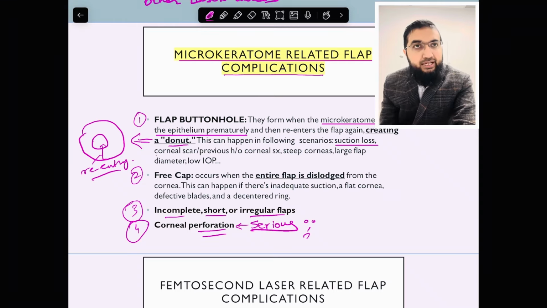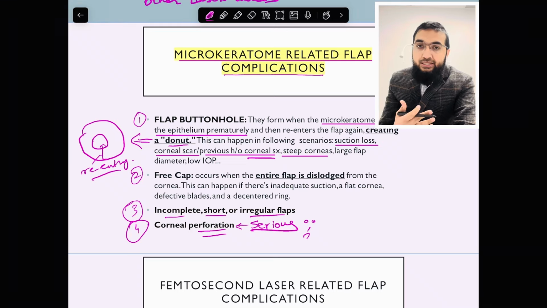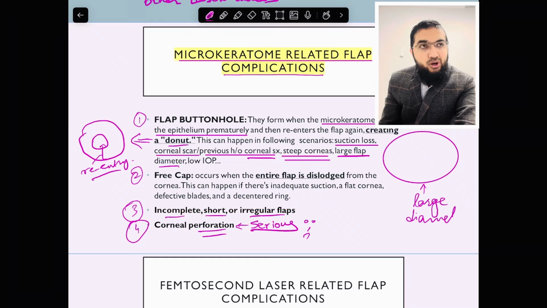And this can happen in a few specific scenarios. For example, when there is a suction loss, when there is a corneal scar before the surgery, or previous history of corneal surgeries, or steep corneas. Even steep corneas can end up with this kind of flap buttonhole. And a large flap in itself is a problem. If you have a large diameter of a flap, that can end up with that flap buttonhole, which we don't want, okay?